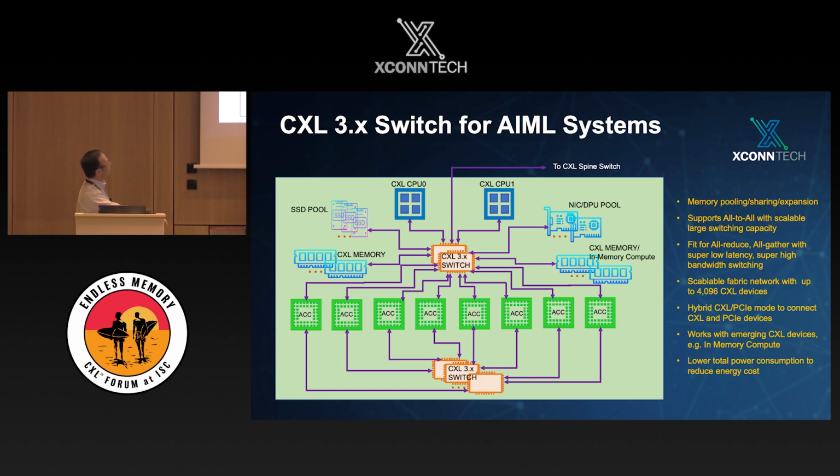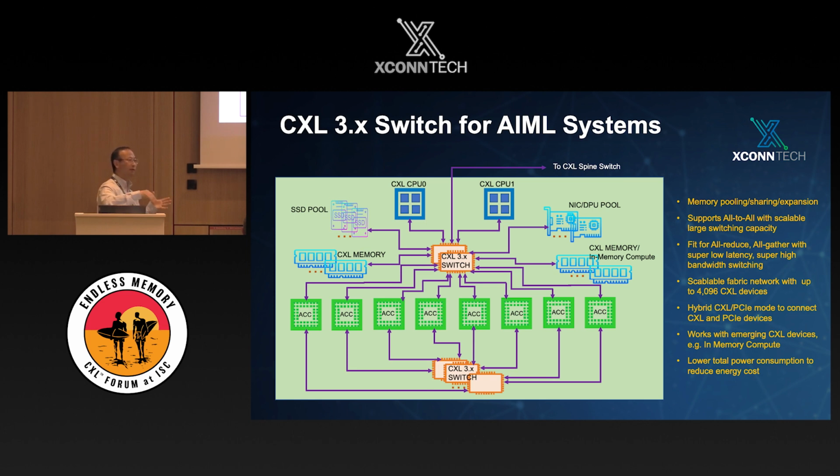I put the CXL switch behind the accelerators and also between those heterogeneous computing devices. What we see is that the CXL switch can provide a lot of capability to support this AI computing. This represents just one single node of this computing, and on the top, we also put a link to the CXL spine switch.